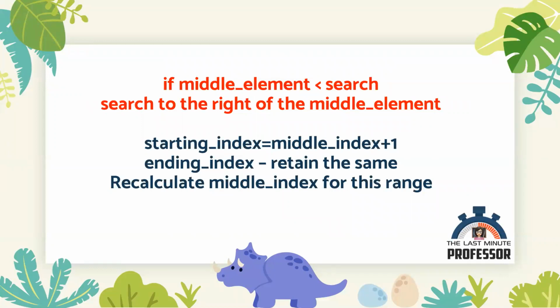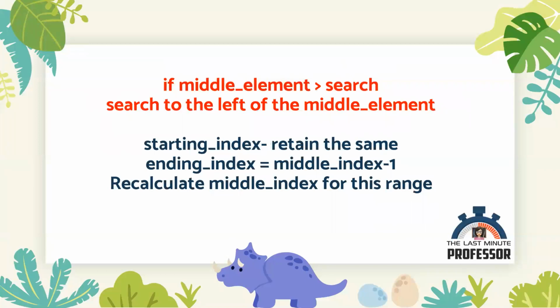Then we recalculate the middle index. When we say we search to the left of the middle element when the middle element is greater than the search value, it means I'm retaining the starting index and assigning the ending index as middle index minus 1. Then I recalculate the middle index for this range.